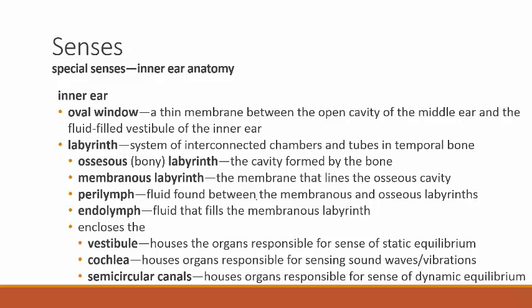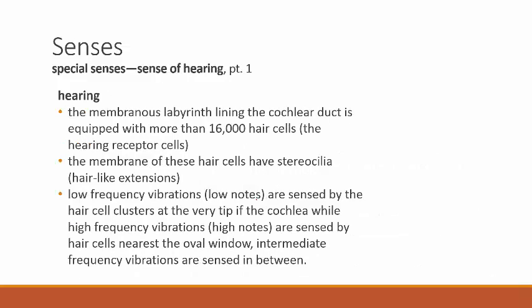So we have three senses. Two of them are equilibrium senses. One of them is the hearing sense. They are found in the ear, or associated with the ear, and all those organs are found in the inner ear.